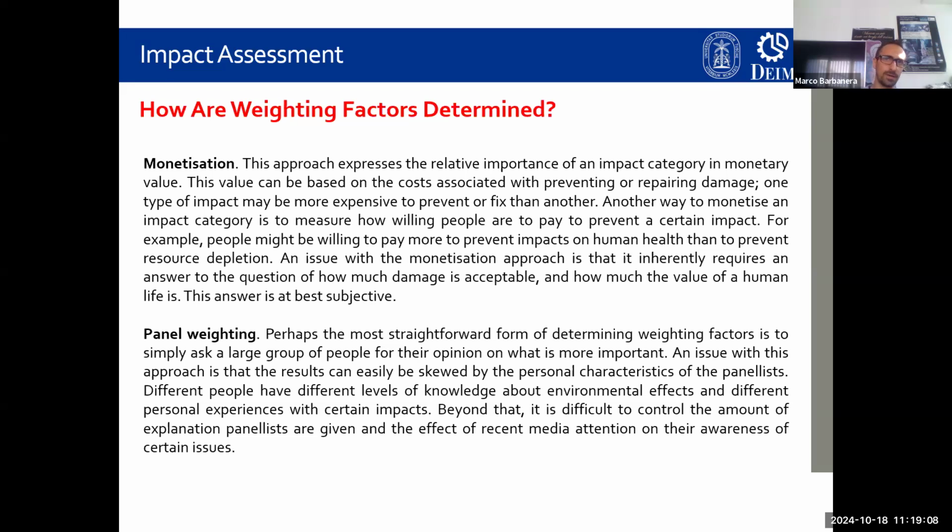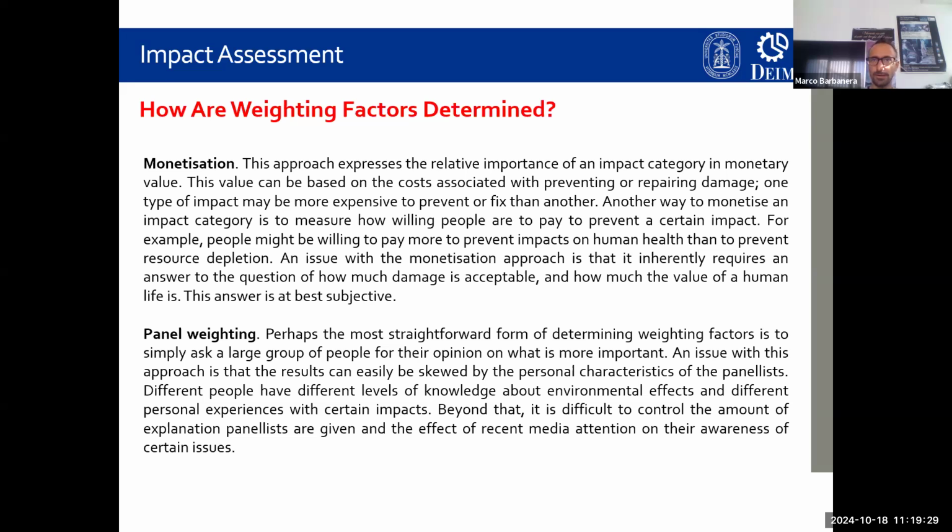In life cycle costing, we apply the same approach as in the life cycle assessment, but in the life cycle assessment, we calculate the environmental impacts during the life cycle stages of the product.